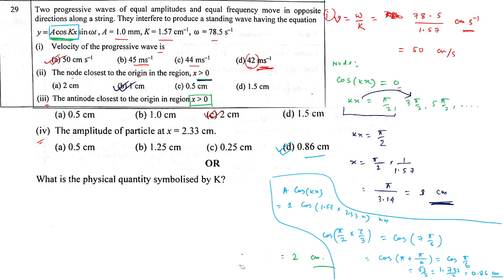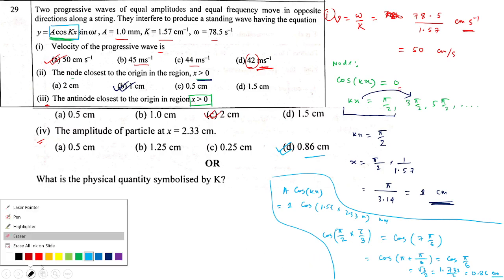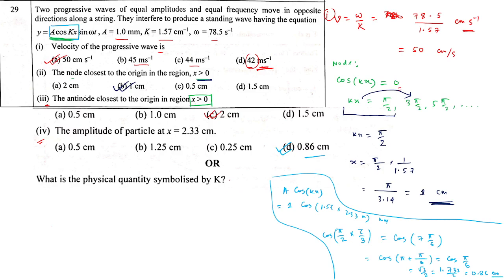Everyone knows K is equal to 2 pi by lambda. But what is the physical quantity? Before that, you know f is frequency, and if you multiply 2 pi with the frequency, you get angular frequency.